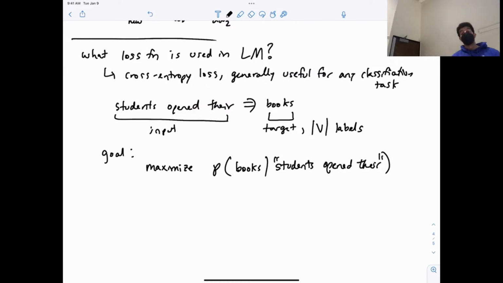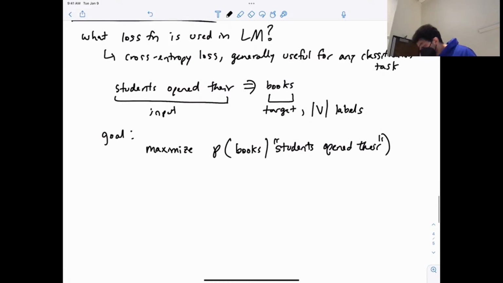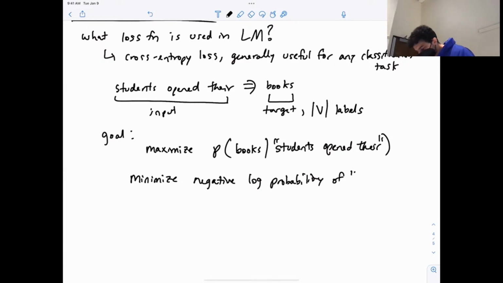We know from our discussion of loss functions up till now that we like to minimize our loss functions and go in the direction of the negative gradient. So what we do for training these models is minimize the negative log probability of books. So our loss function here is negative log P of books given students opened there.